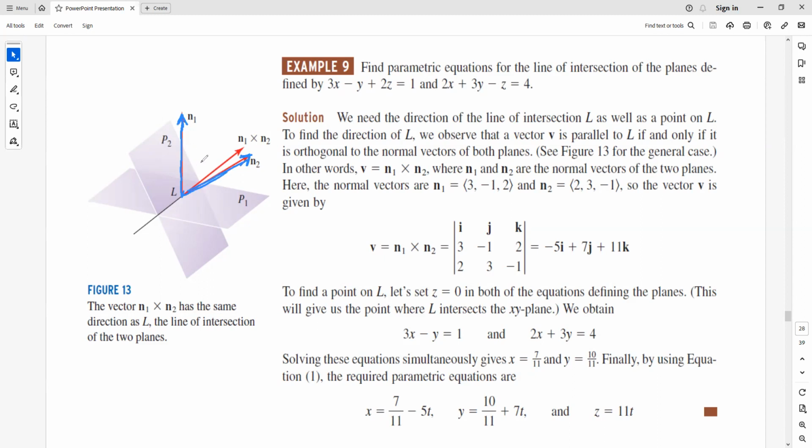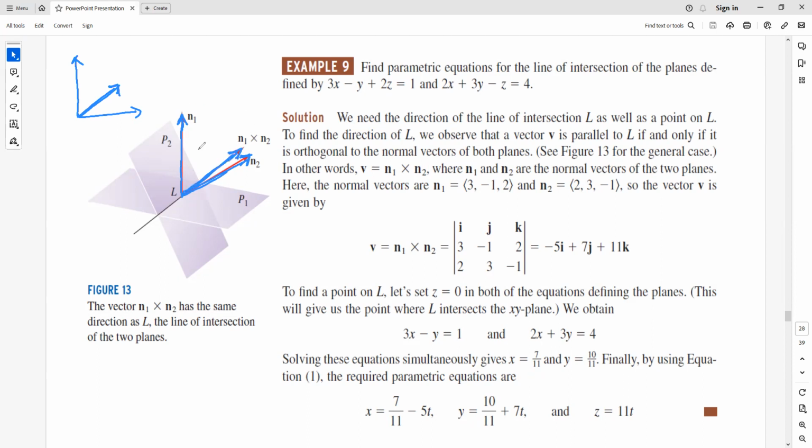Now if I find the cross product of both these vectors, since both vectors are normal to their corresponding planes, their cross product will lie on the line, because we know that the cross product of two vectors is a perpendicular vector to both the vectors, right?